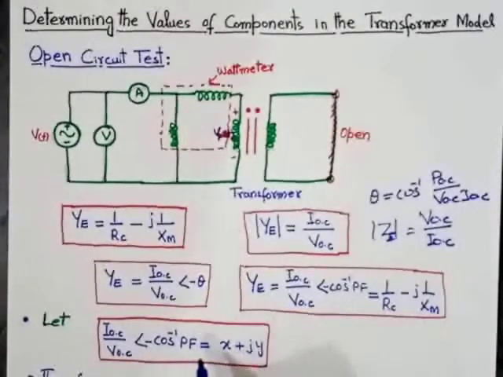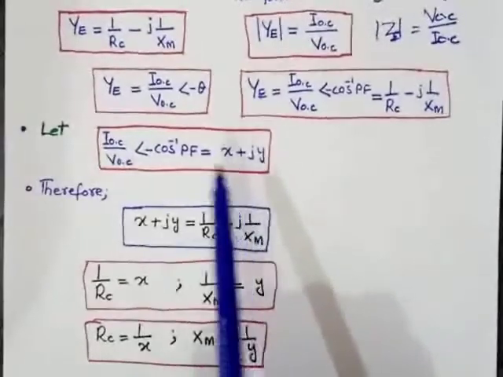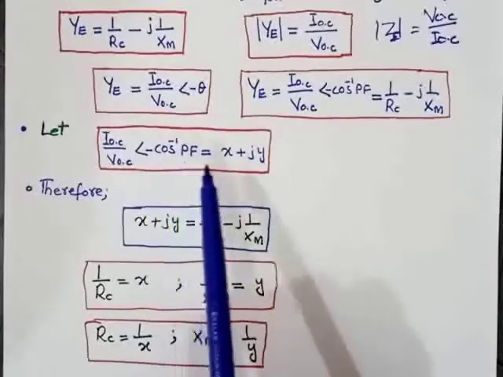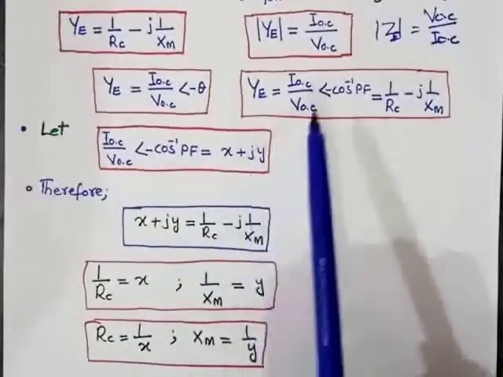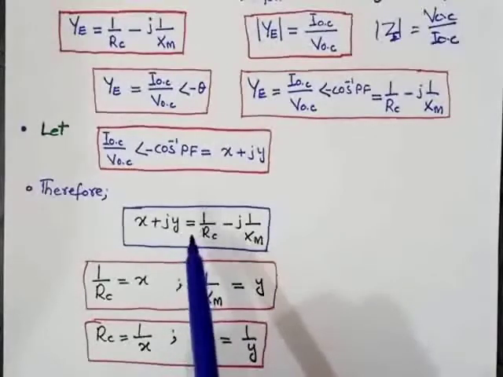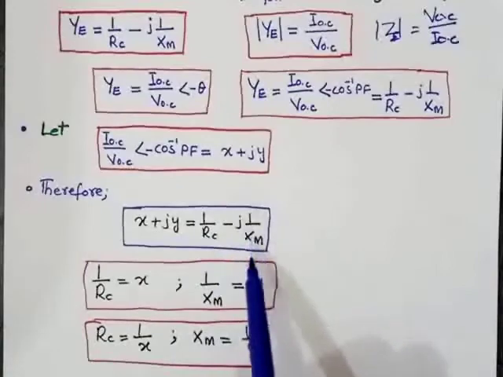So let this be the rectangular form, x plus jy. So putting the value of I over V angle of minus cos inverse power factor equal to x plus jy in this equation, we get x plus jy is equal to 1 over RC minus j 1 over XM.